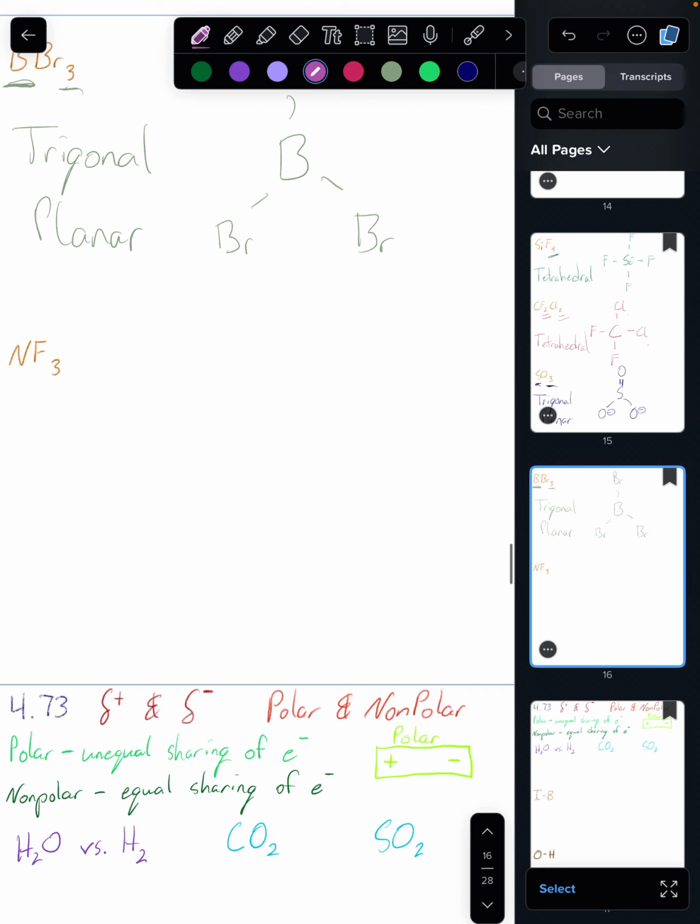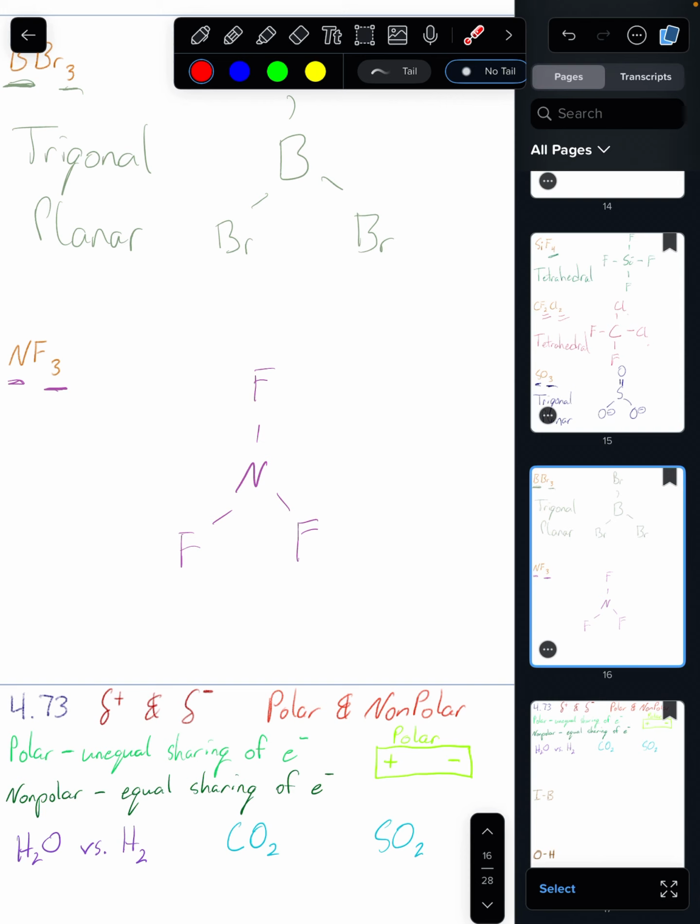Now this changes when we get to this NF3. Okay? We know that 3 and that N. Now, when looking at our table, we know this fluorine lacks at 7.